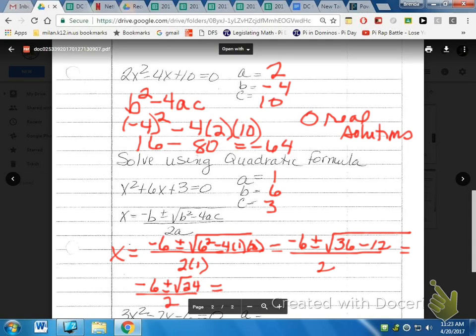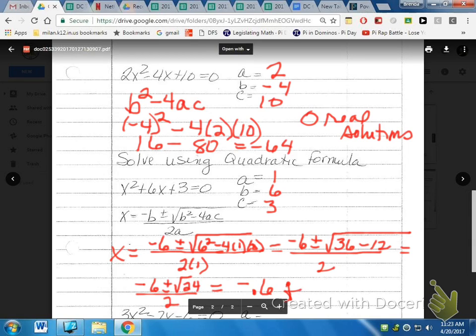You would do negative 6 plus the square root of 24 and get an answer and divide by 2. When I do that, I get negative 0.55, so I'm going to round it off to negative 0.6.